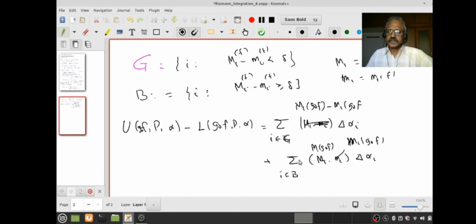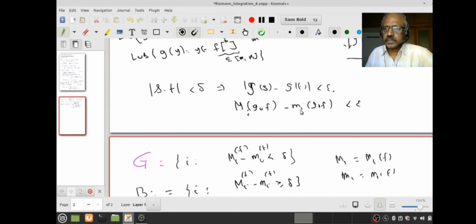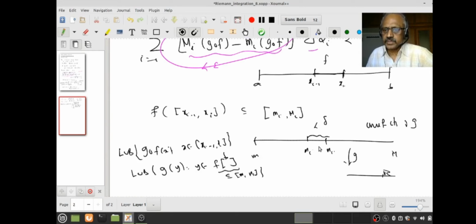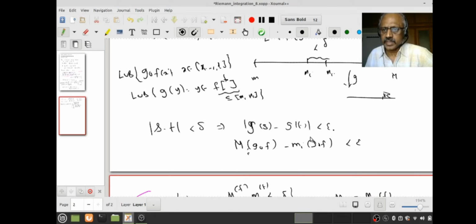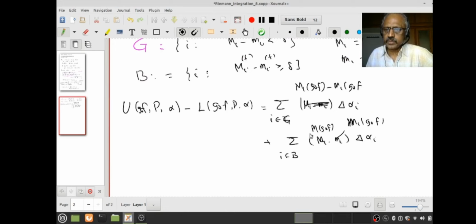So whenever that has happened, on G, f gets mapped into this interval mi to capital Mi, whose total length is less than delta. Therefore, you take any two points s and t here, the modulus will be less than epsilon. But what has it to do with the capital Mi minus small mi of G composite f? We will come to know in a minute. So this will be less than epsilon.